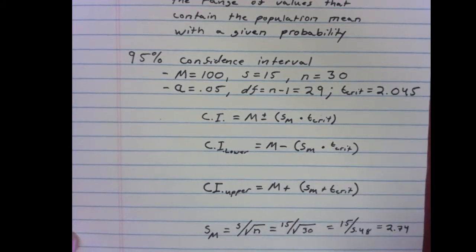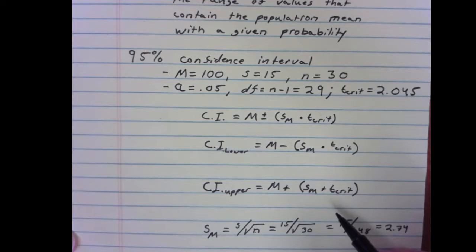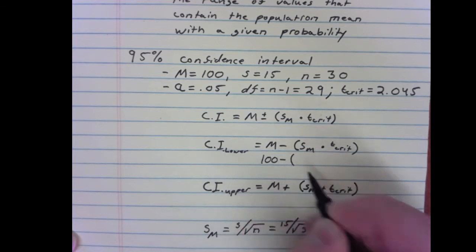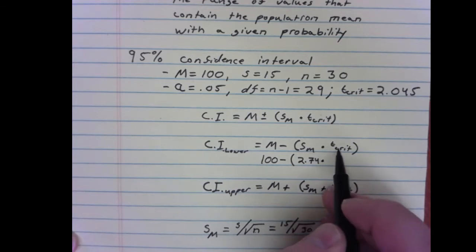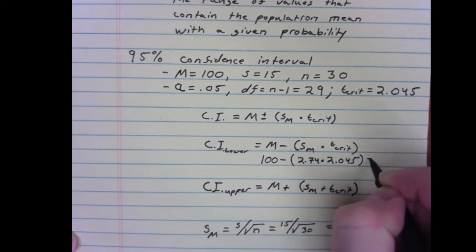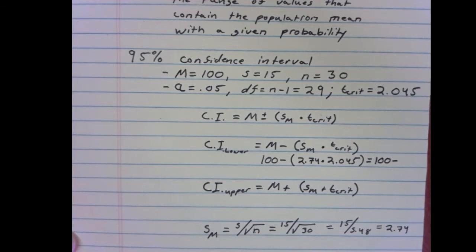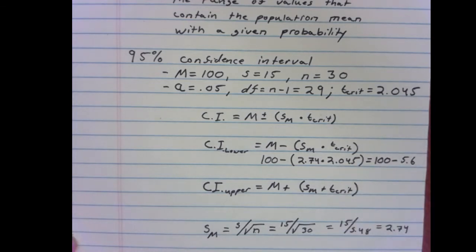So now we can come in and substitute all those values. I'm going to do the lower, and then I'm going to do the upper, but recognize that it's kind of the same thing. So our mean is 100 minus 2.74 times our t-crit of 2.045, which is going to do this: 100 minus 2.74 times 2.045, 5.6, rounding to 2 decimal places.